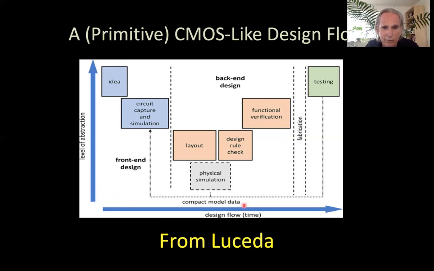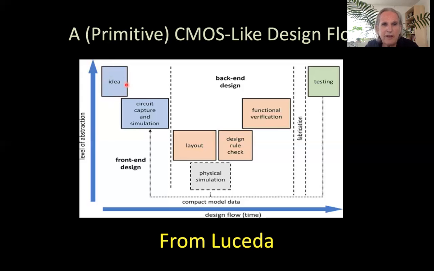And this here is what they say is a design flow. You come up with an idea. So far silicon photonics doesn't have what we call hardware definition languages. If you're doing circuit design, you actually have a hardware definition language.